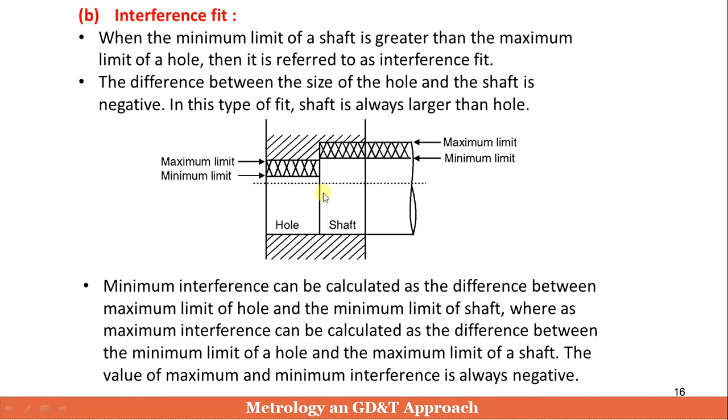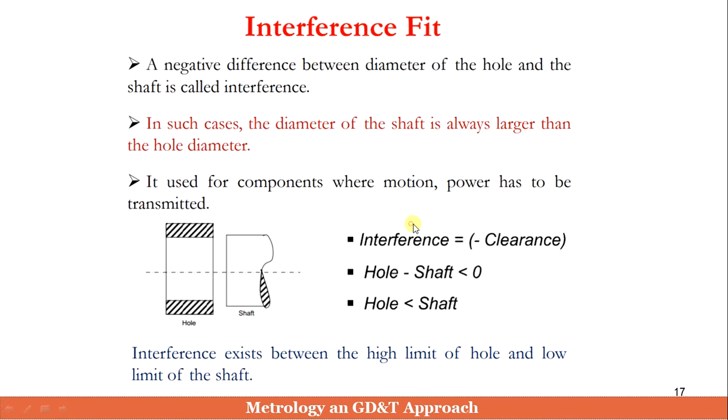So this comes under the category of interference fit. In such cases, the diameter of the shaft is always larger than the hole diameter. So hole minus shaft is less than 0. Interference exists between the high limit of the hole and the low limit of the hole.